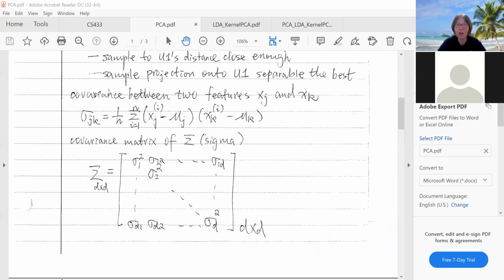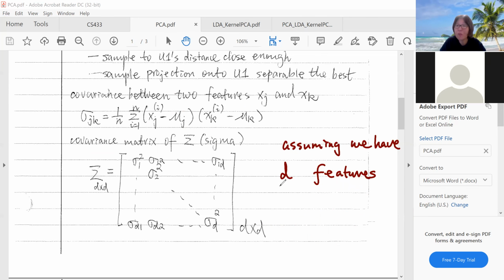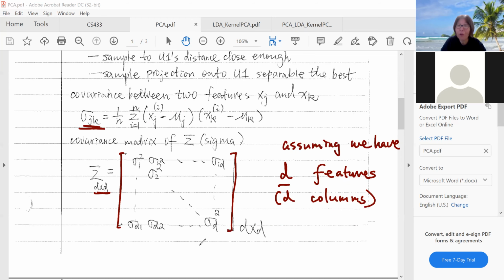With this covariance, then we can build, because we have a number of features. So here, assuming we have D features. D features means D columns. Because we have D features for this covariance, we are going to build the covariance matrix.